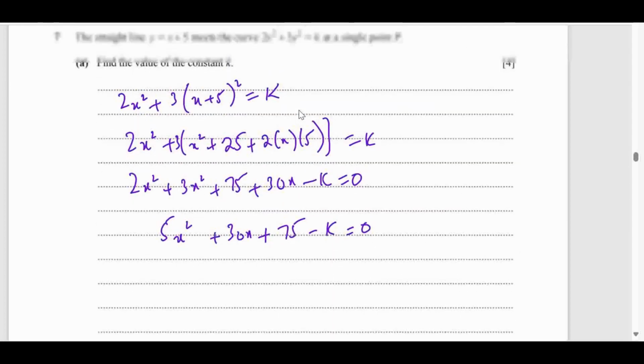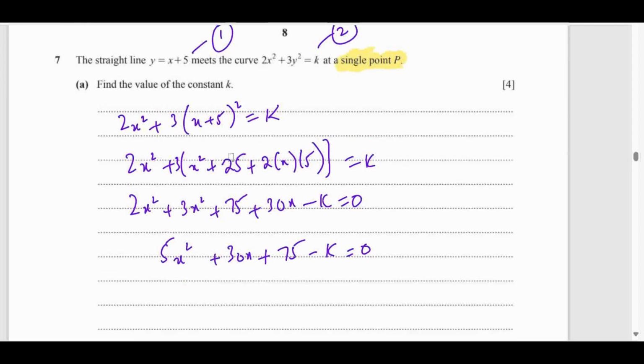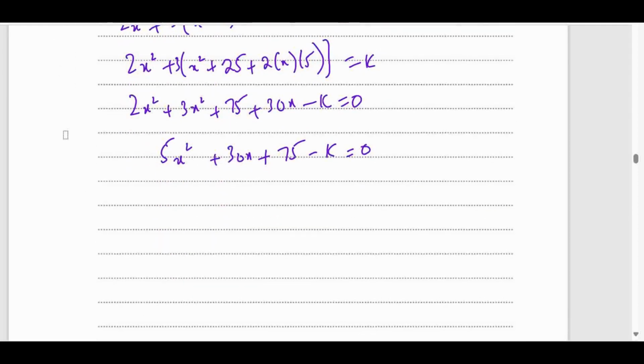Now, as they are saying that the line meets the curve at a single point, a single point means that the discriminant will be equal to 0. Now let's find out the discriminant. Discriminant b square minus 4ac is equal to 0. So b is 30, so 30 square minus 4, a is 5, and c is 75 minus k.